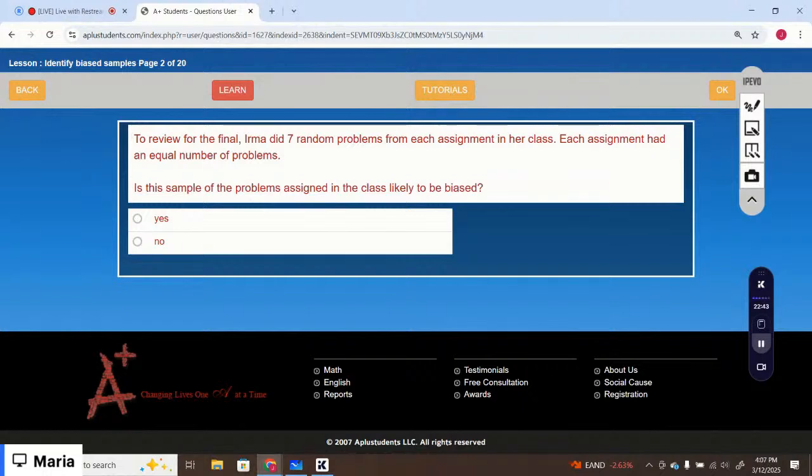That is not a biased sample. The correct option is no.